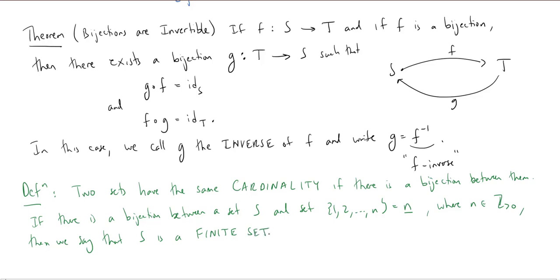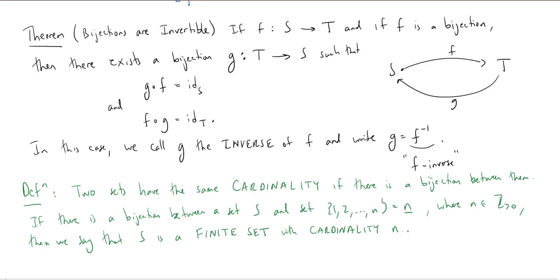If you can build a bijection with a set with 12 elements, you are a finite set. In this case, we say S has cardinality n. For finite sets, the cardinality just counts how many elements are in your set.